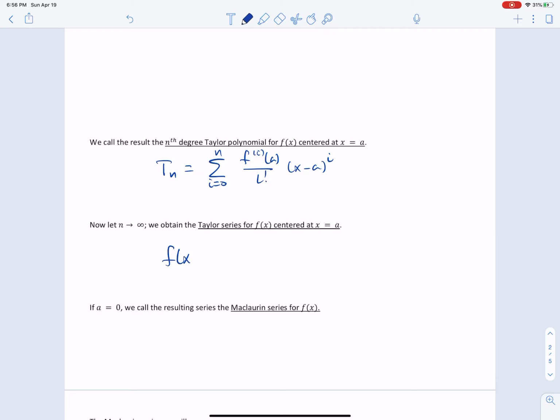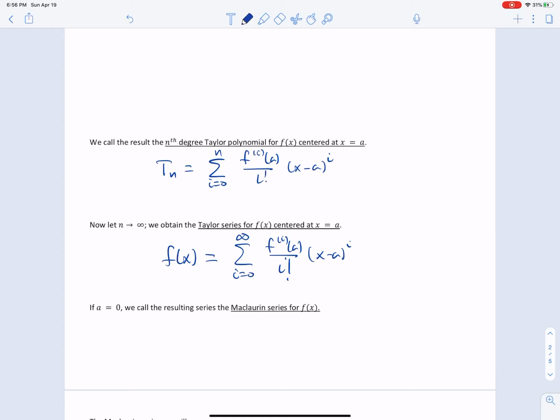And so we would say that f of x is the summation i equals 0 to infinity of the ith derivative at A over i factorial times x minus A to the i. And so the Taylor series is what we might call an infinite degree polynomial representation of the function, or it's our power series representation for the function.